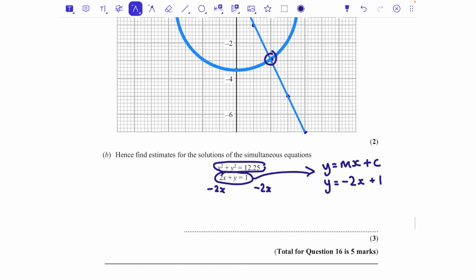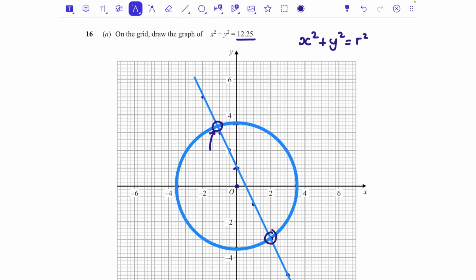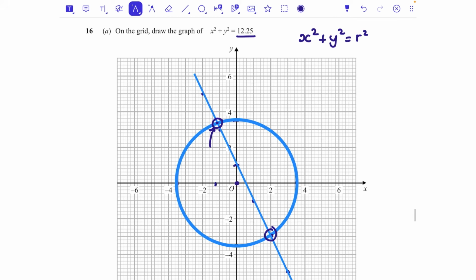So I'm then going to write x1 and y1, and x2 and y2. So for x1 and y1, I'm going to look at this coordinate up here. And x is going to be minus 1.2 because we're coming across to here. And y is going to be 3.4, I'm going to say.